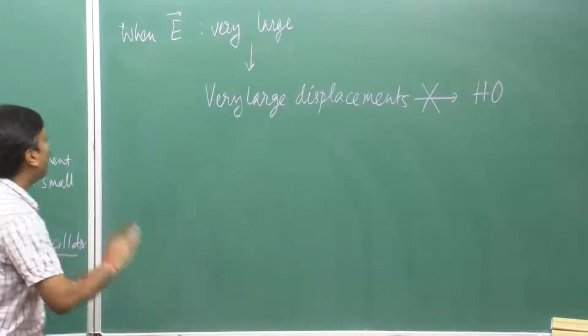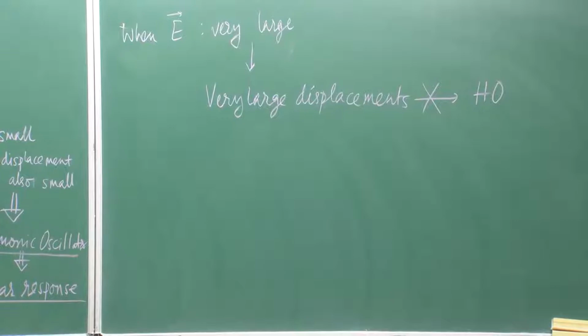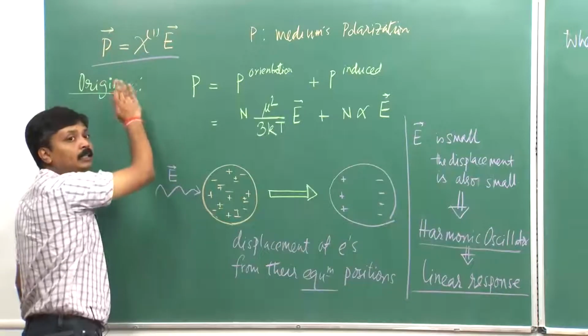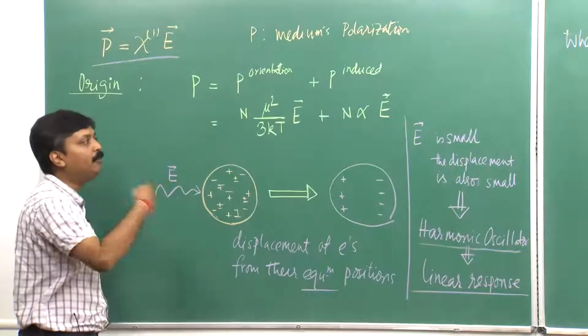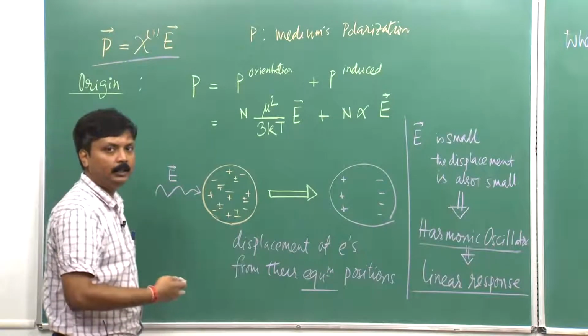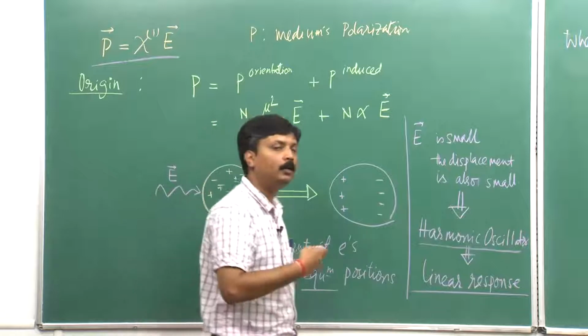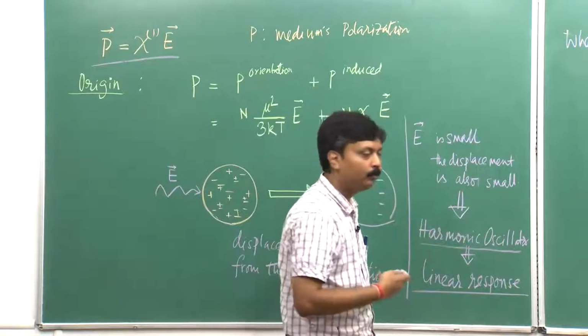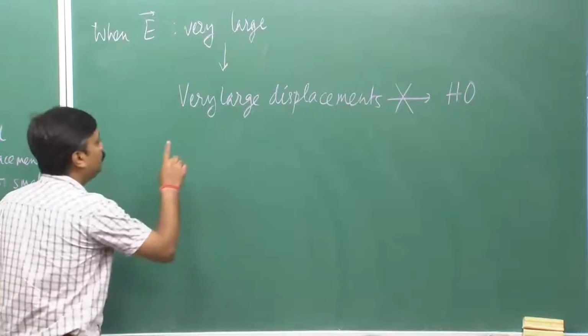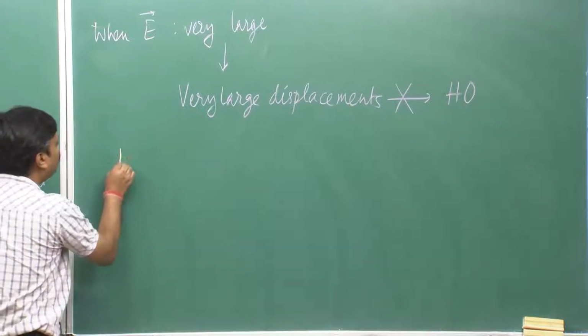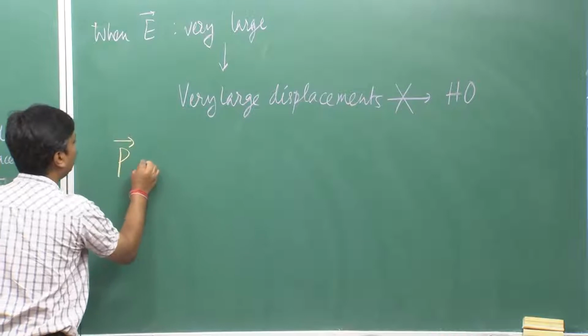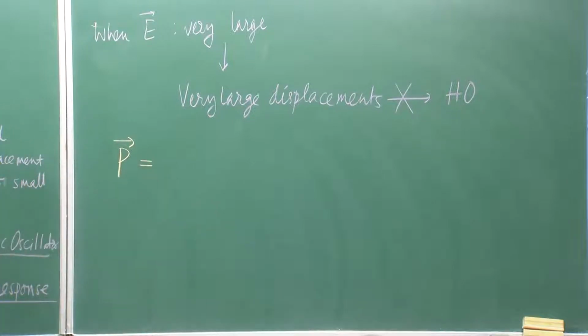In that case, I cannot express my polarization by this simple linear equation anymore, because I have anharmonicity in my electronic oscillation, right. In that case, I have to redefine my polarization as following.